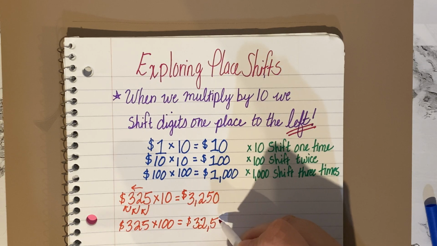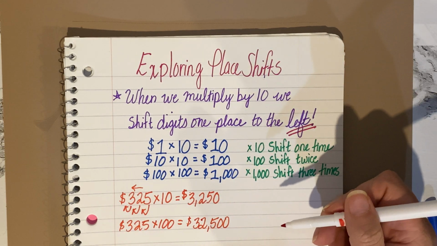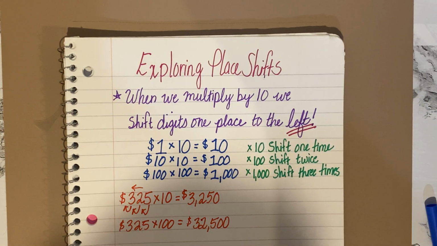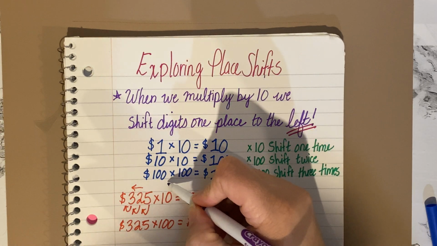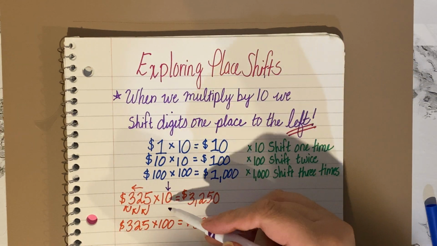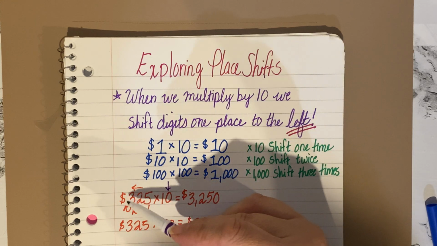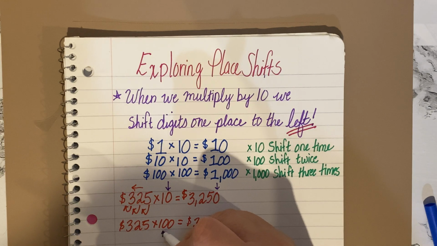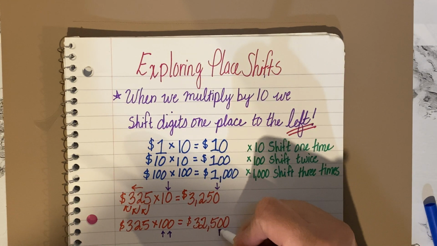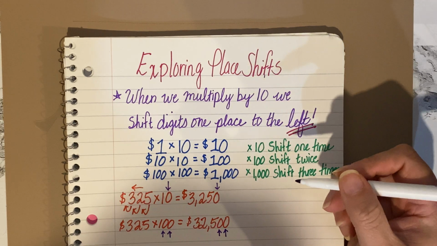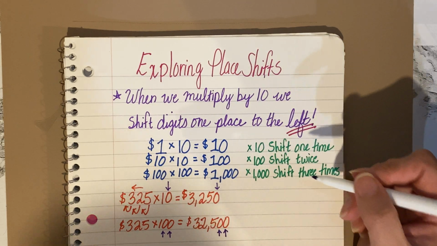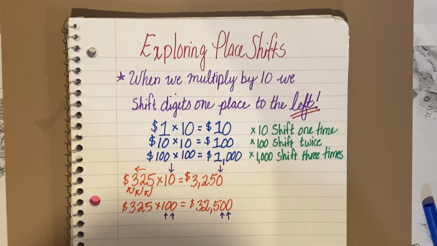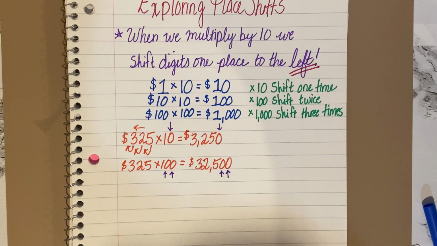Our 5 will be in our hundreds, and those zeros at the end. One thing you might notice too is if there is 1 zero in the problem, there's going to be 1 zero in the solution. If there are 2 zeros in the problem, there are going to be 2 zeros in the solution. That just comes in as a handy thought, but you don't always want to rely on that 100%, and you'll see why tomorrow when we get to patterns with 5s, okay?